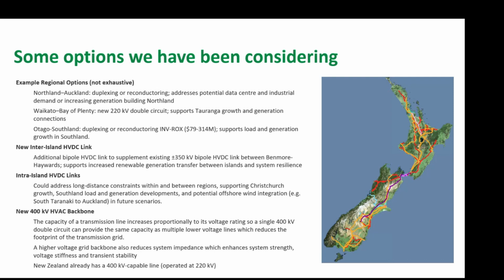However, we are also considering upgrades that look at the grid from a holistic perspective. This may be new intra-island HVDC links, new inter-island HVDC links, or increasing our grid backbone from 220 kV to 400 kV. I'll now hand over to Mark, who's going to take you through some indicative costs and our approach to escalation.